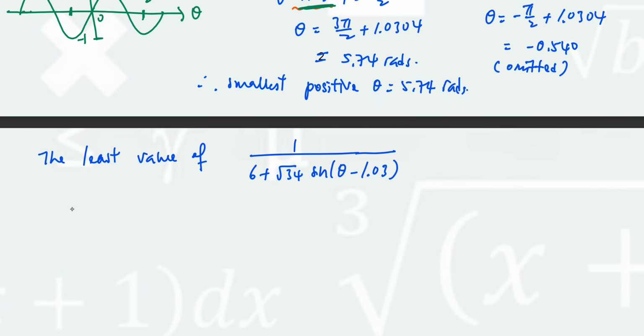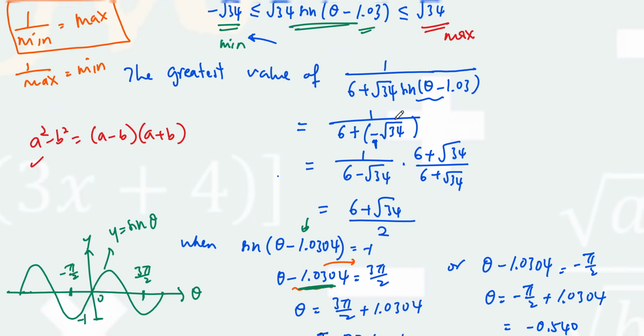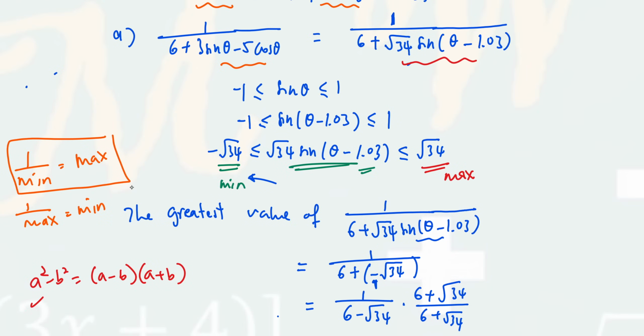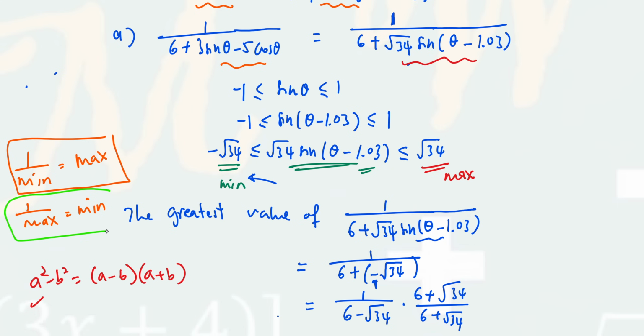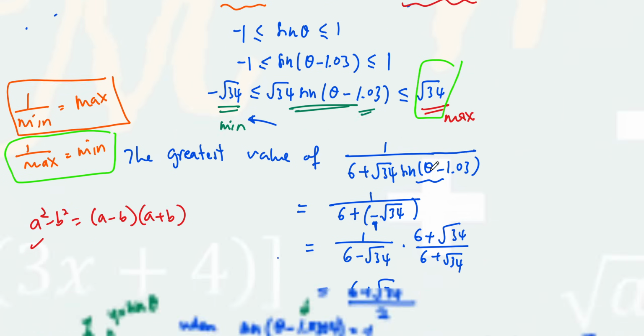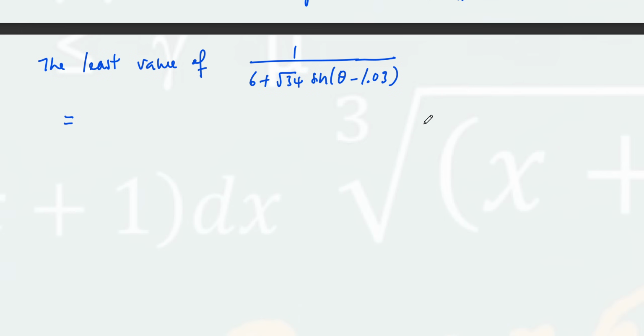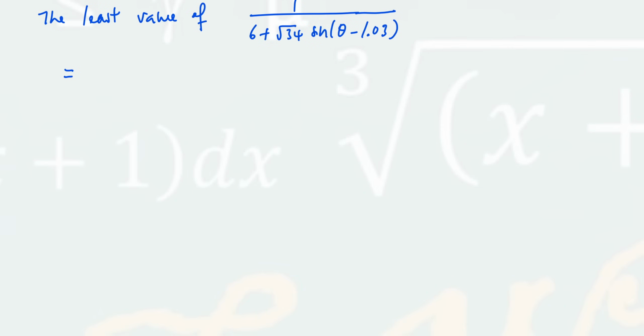Okay, so the least value is going to be 1 over maximum, which is here. 1 over maximum is minimum. So the maximum is square root 34 from the previous part. So I will replace the whole sine by square root 34, positive. So this is 1 over 6 plus square root 34.